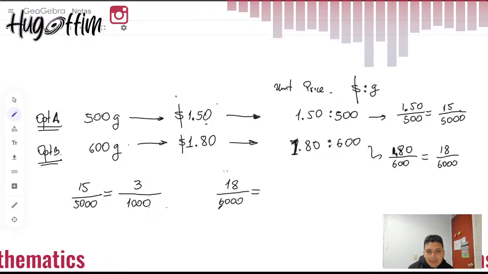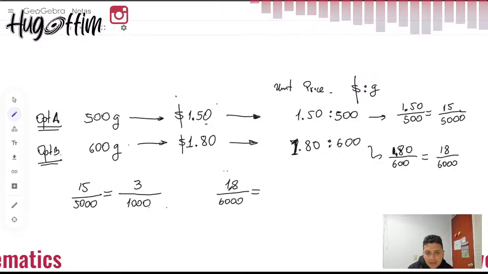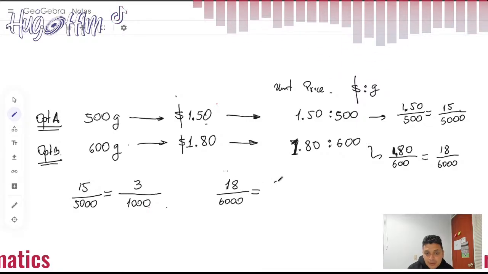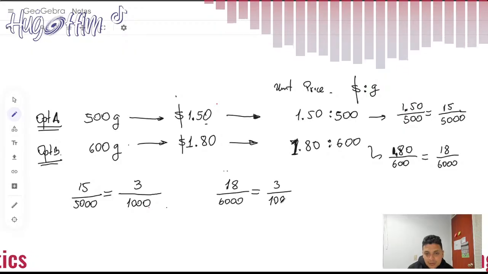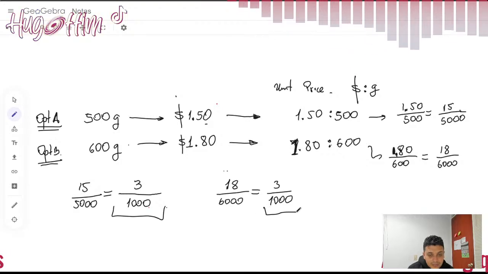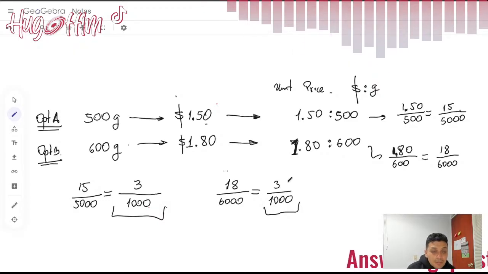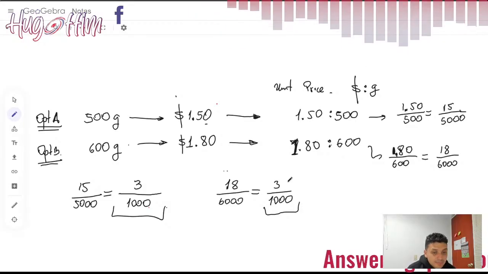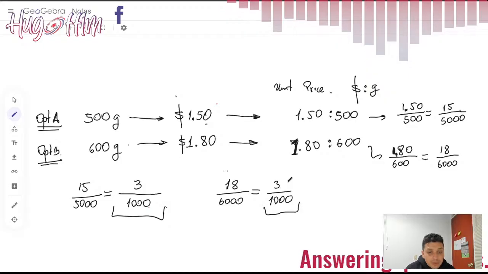I know that I can divide by more terms, but I'm going to divide by 6. 18 divided by 6 is 3, and 6,000 divided by 6 is 1,000. Observe that in both cases I got the same fraction. So the unit price is the same, and they cost the same. This is what I can do just by checking unit price.